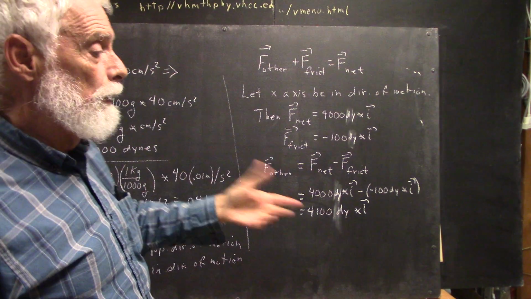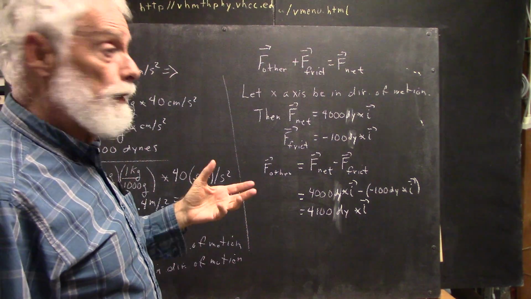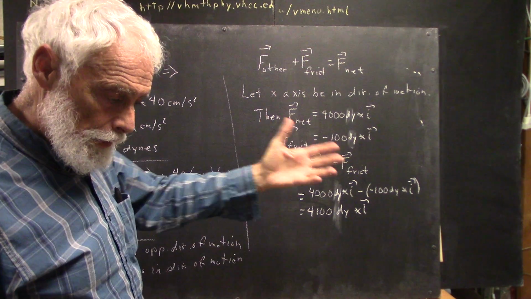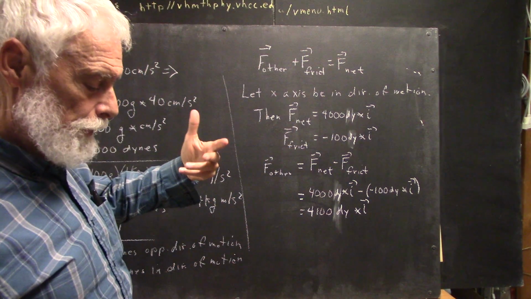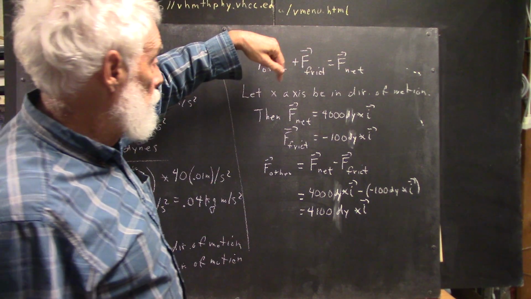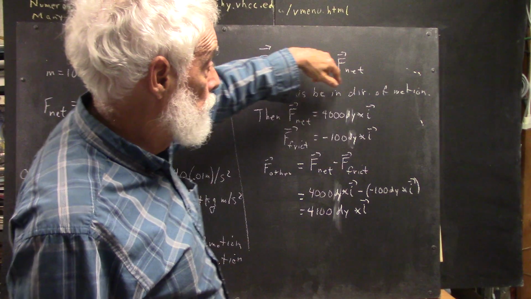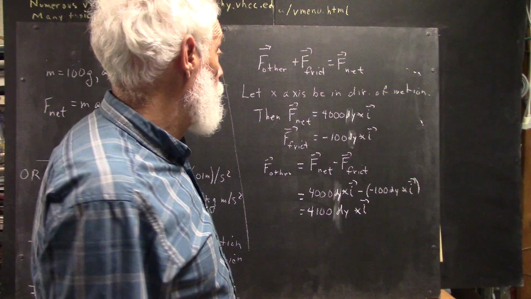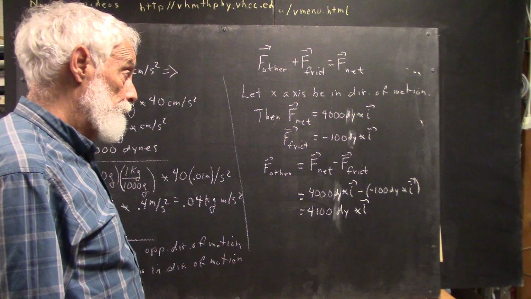Now we need to declare, when we do this, our coordinate system. Where's the origin and what's the direction of the coordinate system? So we're going to let the x-axis be in the direction of motion. So now we've specified the direction of our coordinate system.